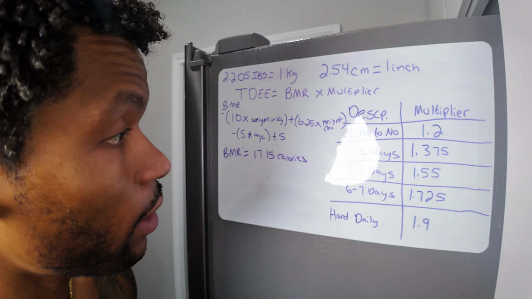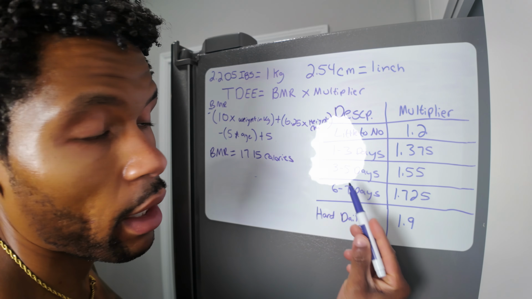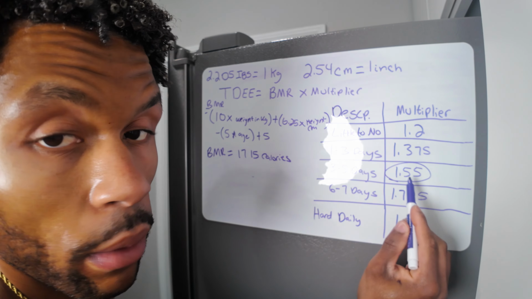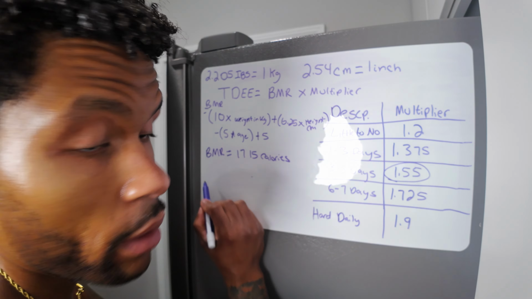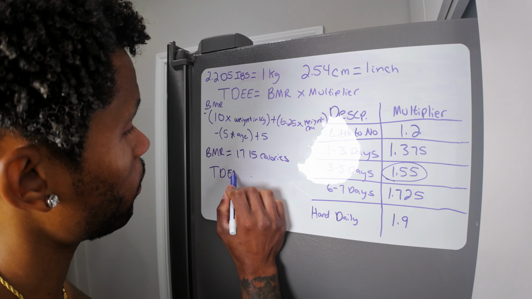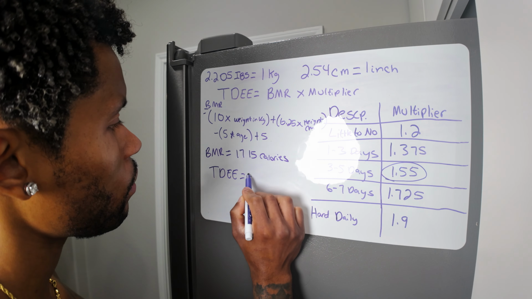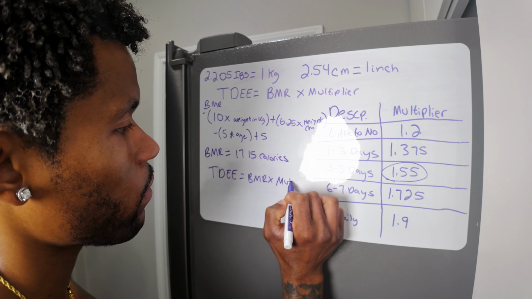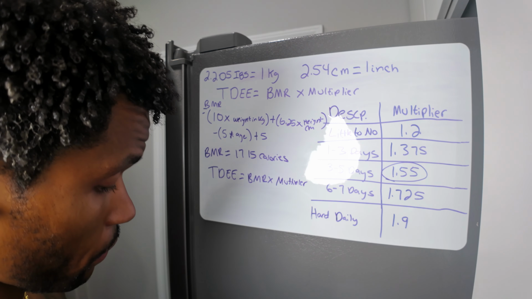When I exercise, I do between 3 to 5 times a week. I lean more on the 5 days. I train five times a week. So I'm going to implement this 1.55 multiplier. It's very simple at this point. My total daily energy expenditure is going to be my BMR times my multiplier, which is 1.55.